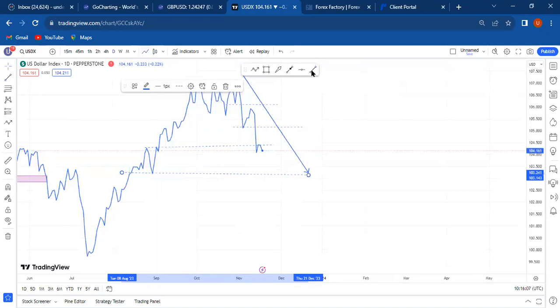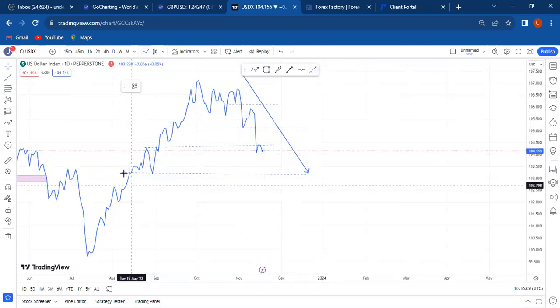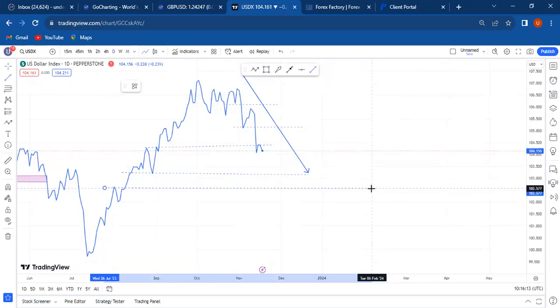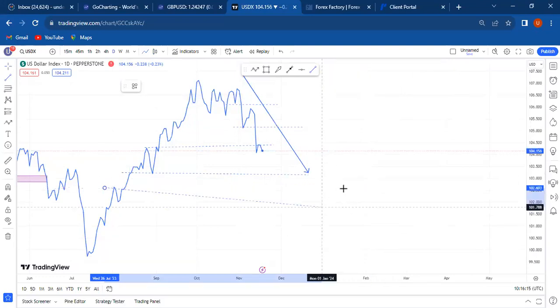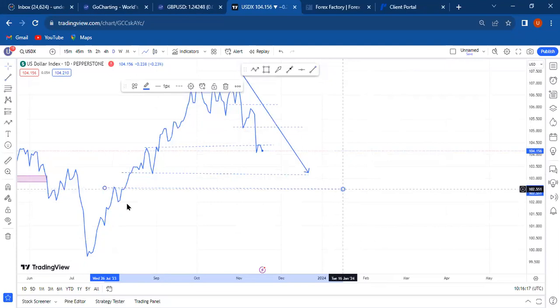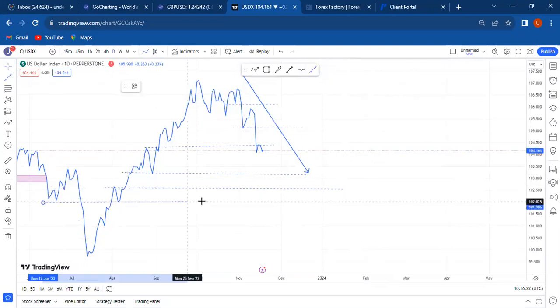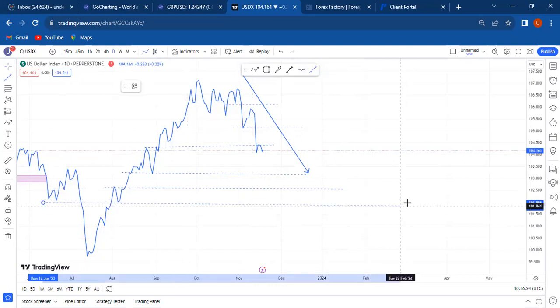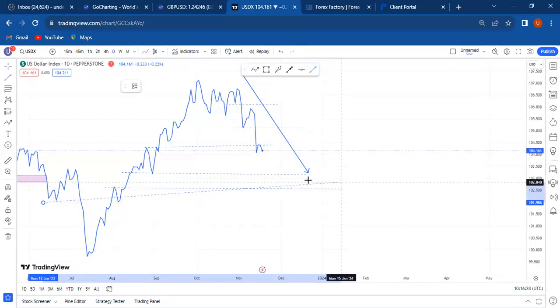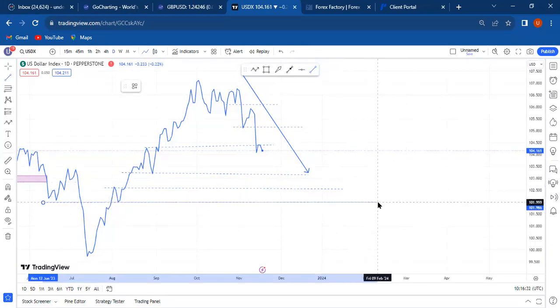So we see this, and if I extend this, we have this also. We also have this. Okay, so I'll change back to candlesticks.